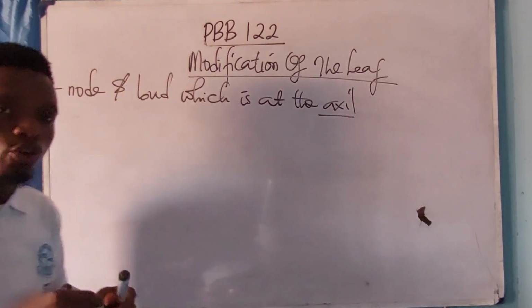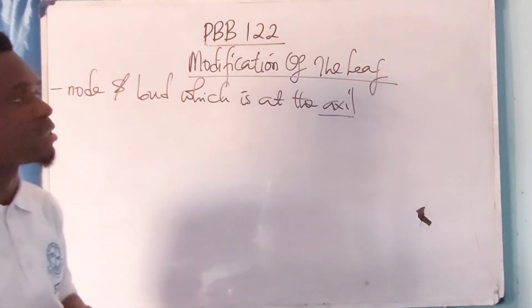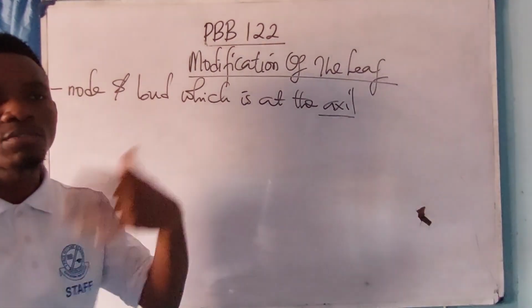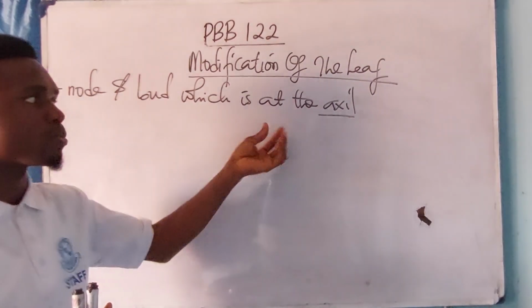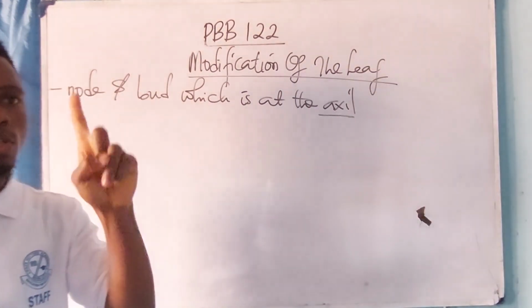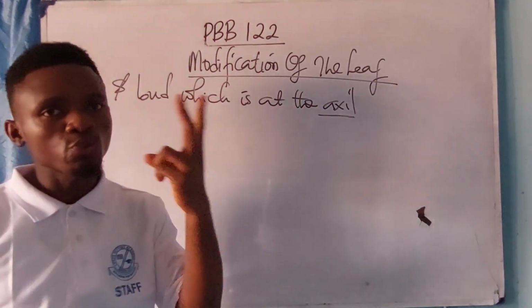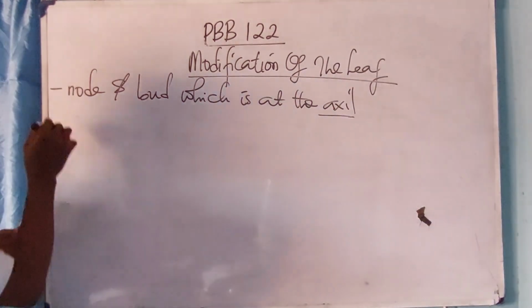Now, you know, we have monocot plants and we have dicot plants. The leaves are arranged differently in these two. You know, a monocot plant has one cotyledon, but a dicot plant has two cotyledons.